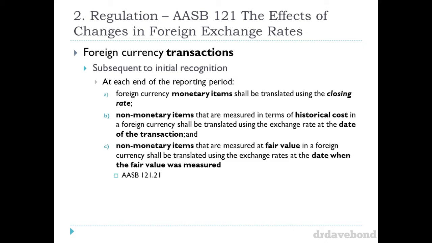If it's done at fair value, so it might be investment property, which we don't look at, under IAS 40, AASB 140, or property, plant, and equipment under the revaluation model, taking it up to fair values, you figure out the fair value and the date that happened, and it's the exchange rate at the date in which you got the fair value. That's the number that you use. So we do make adjustments for these things, is the long and the short of it.